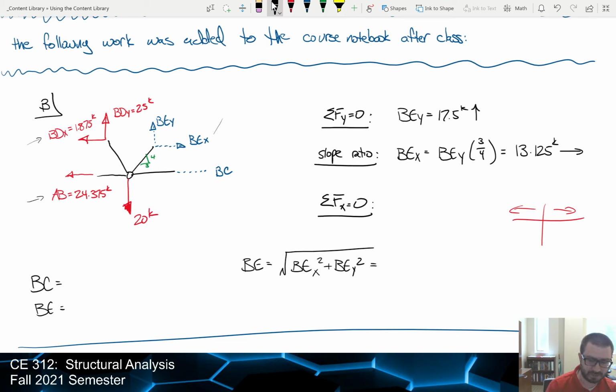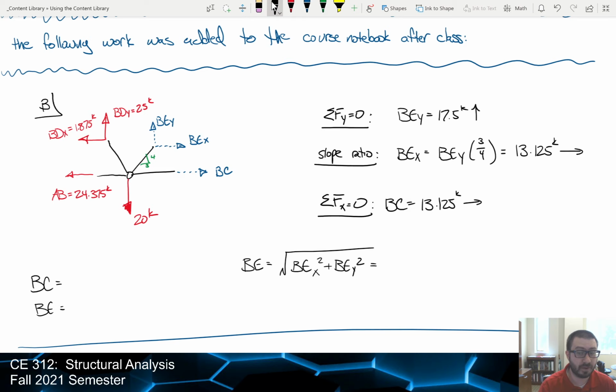As for what's going to the right, I only have this, and it's not enough to counteract. So that means BC also has to go to the right. And if you do the math, 24.375 plus 1.875 going to the left, minus the 13.125 going to the right, BC's got to be 13.125 going to the right. You should check that out and make sure that you're getting the same answer. I'll erase all these.